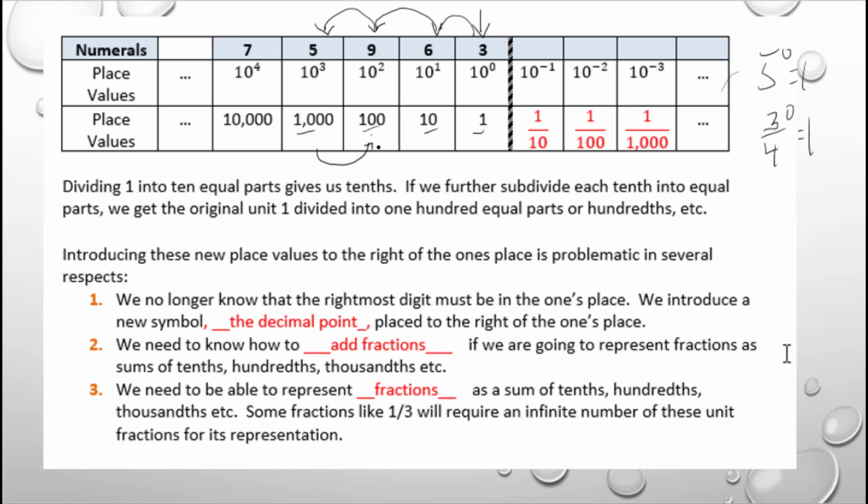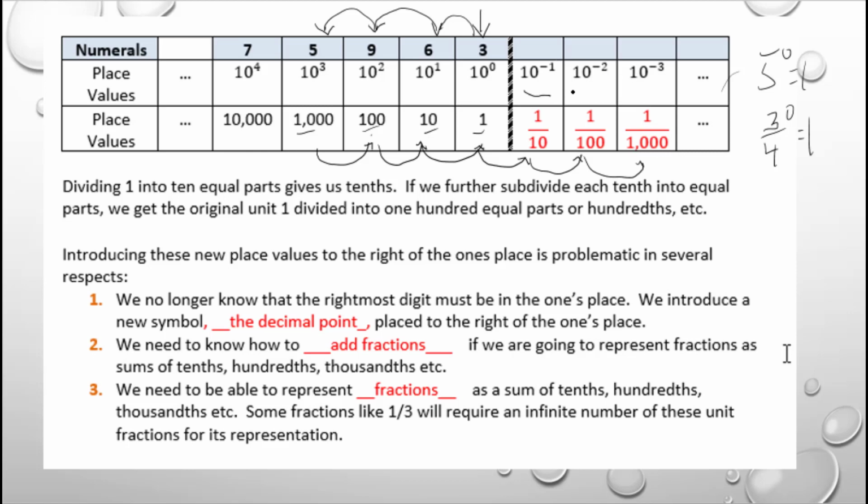So it's 10 times smaller going this way. Divide 100 by 10, I get 10. Divide 10 by 10, I get 1. Divide 1 by 10, I get 1/10. Divide 1/10 by 10, I get 1/100, and then 1/1,000. So that's the third decimal to the right.